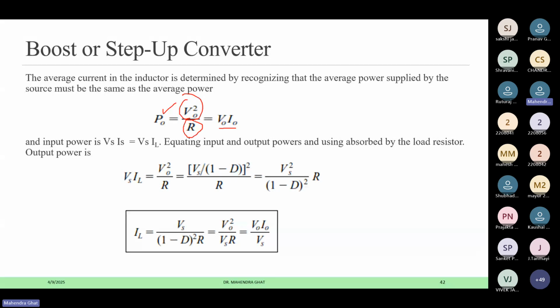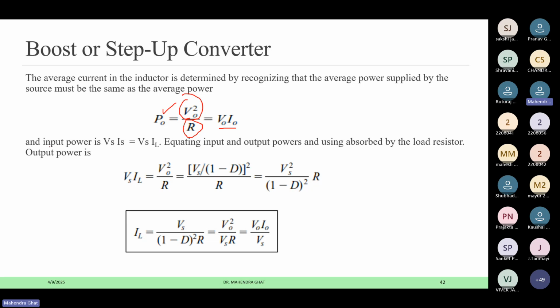Now we have assumed that whatever input power is there, the same gets supplied to the output, so there are no losses in the converter.